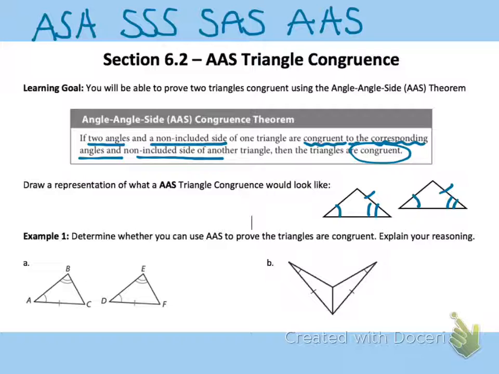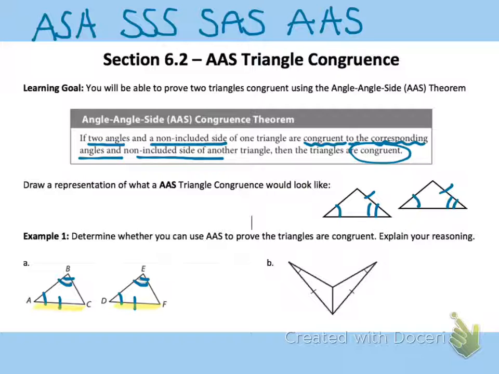Example 1 asks us to determine whether you can use the angle, angle, side to prove the triangles are congruent, and explain your reasoning. You can see almost identical markings on these triangles. We've got these two angles, and we've got this pair of sides, and the side is not between the two angles, so we recognize that it's not included.